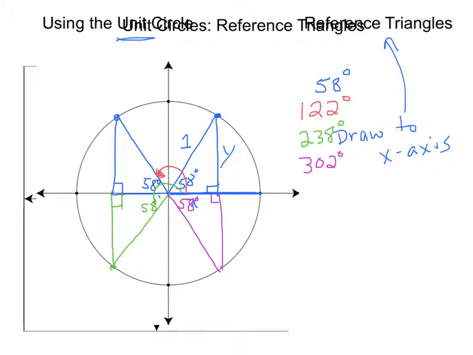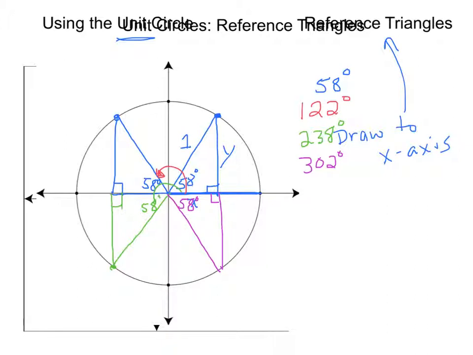Okay? So if I did sine 58, sine 122, sine 238, and sine 302, we would have virtually the same answers. What's the only thing that would change? The sign, as in whether they're positive or negative. Okay?